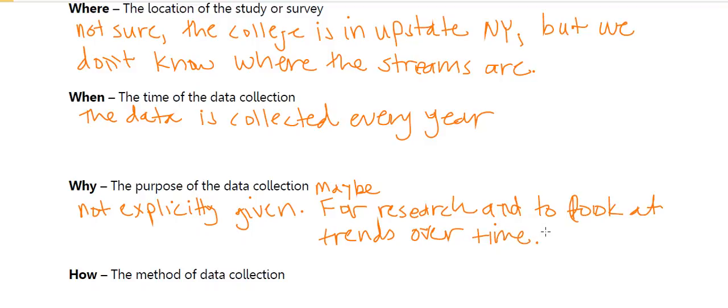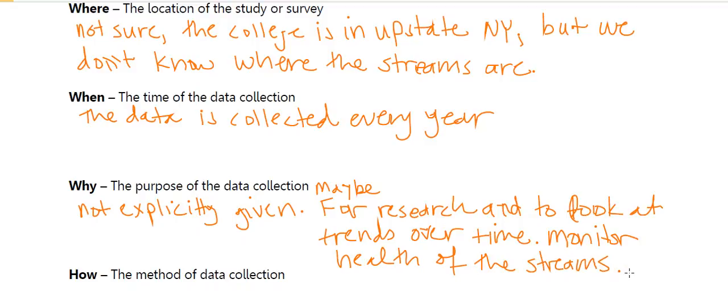Maybe they want to monitor the health of the streams. Okay, it's good to kind of get in the researcher's head. Why are they doing this?